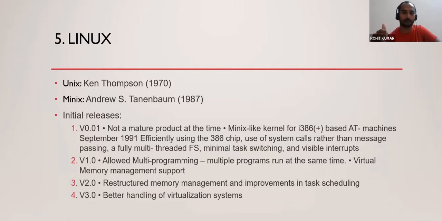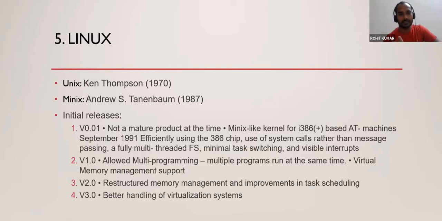It was developed with the intention of academic hands-on and to give an understanding of a basic mini operating system. It was developed by Andrew Tanenbaum, but it was not a full-fledged OS, so it didn't become so popular. But it became the base or inspiration for many operating systems in the later era.